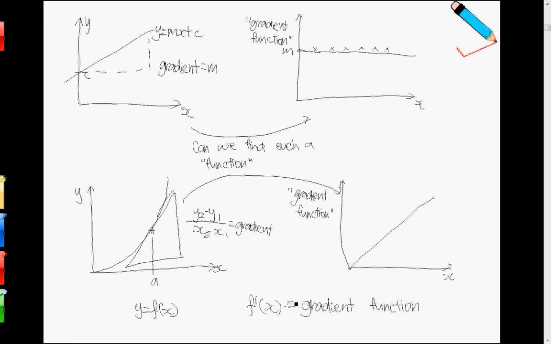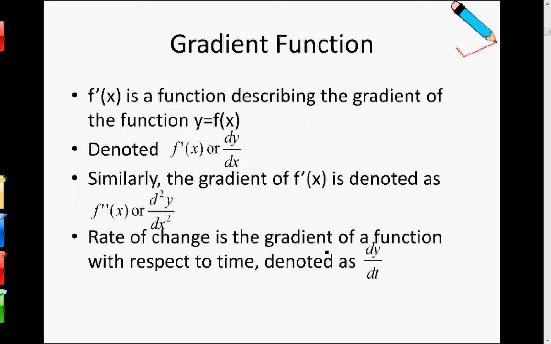As I have mentioned, f prime of x is a function that describes the gradient of a function y equals f(x). It can be denoted as f prime of x, dy/dx or y prime. Similarly, the gradient of f prime of x is also denoted as f double prime of x, d2y/dx squared, or y double prime.